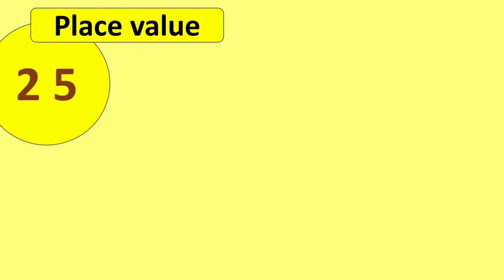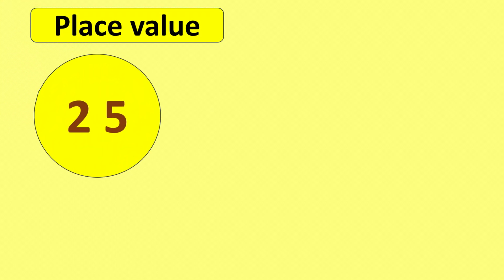Look at here. Again another number is 25, which is an example of a two-digit number. We just write TO2 on its head and then find out the place value.